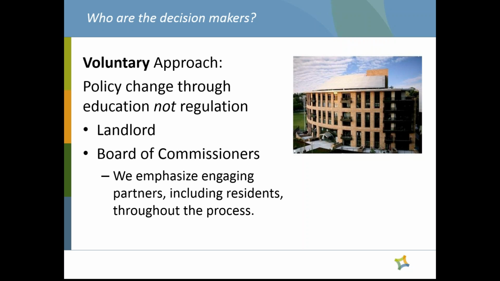In Maine and Oregon, and additionally Amherst here in Massachusetts, they have local or state laws that require landlords to disclose to prospective tenants whether smoking is allowed or not. So there are some other approaches beyond this voluntary approach to policy change that we're doing here in Massachusetts.